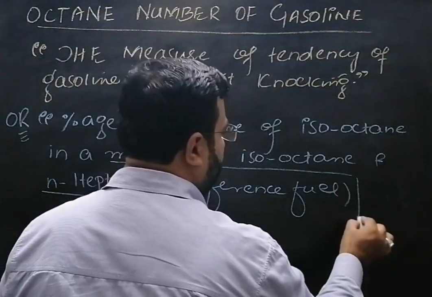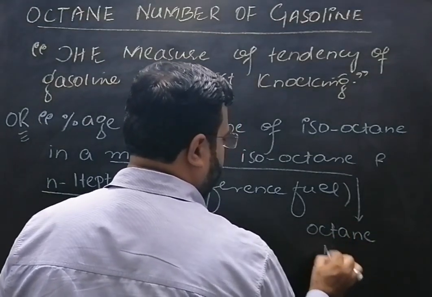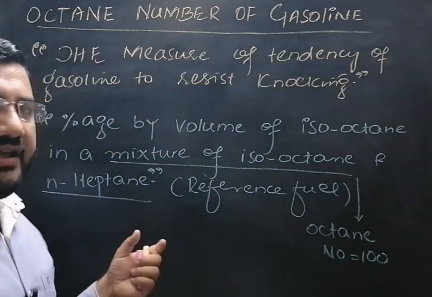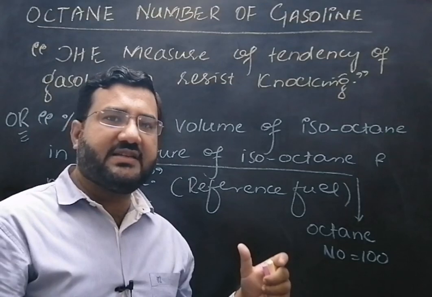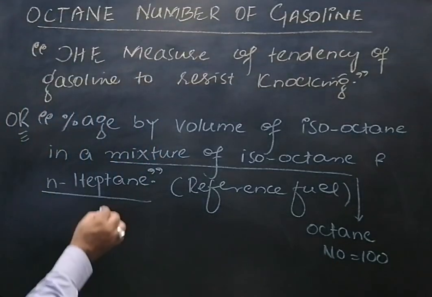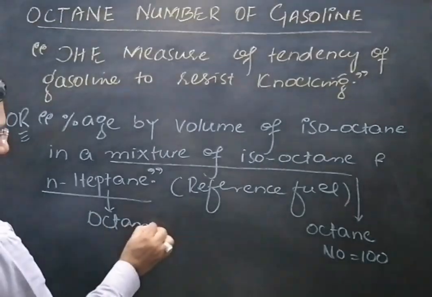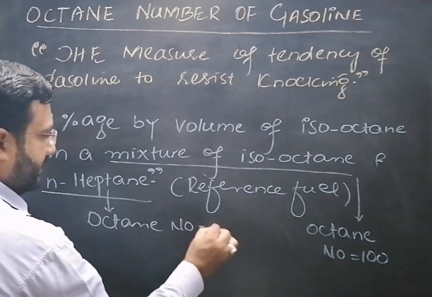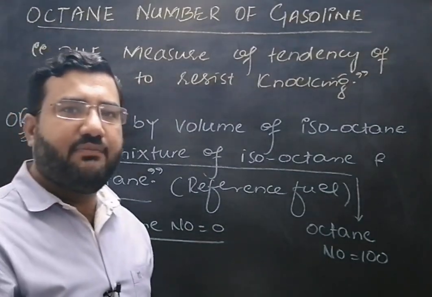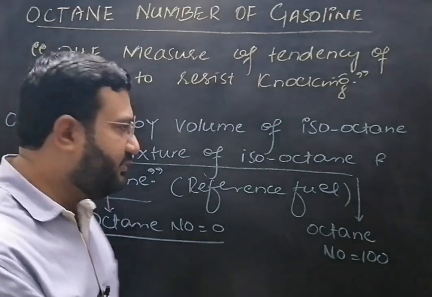Isooctane is given octane number equal to 100 and it is considered as the best fuel which has maximum resistance against knocking. While the normal heptane is given octane number equal to 0, it is considered as the worst fuel which has minimum resistance against knocking, or you can say it will produce maximum knocking.